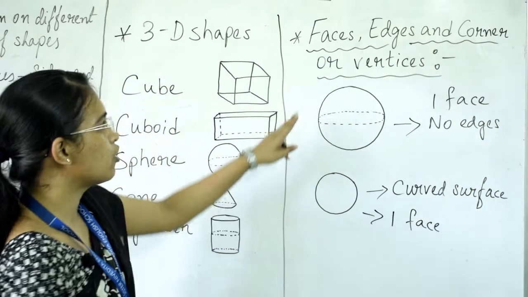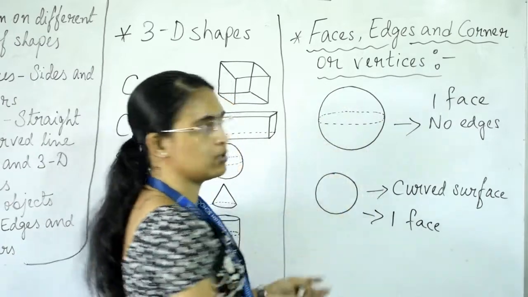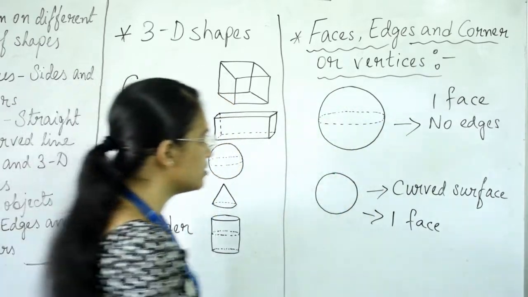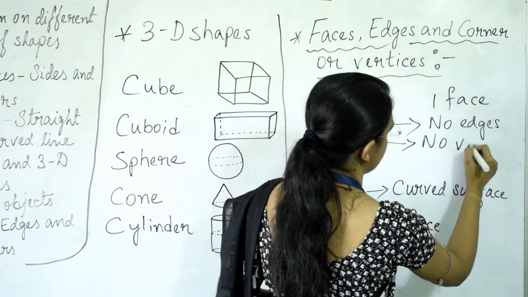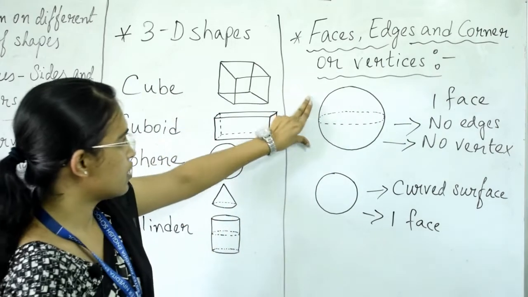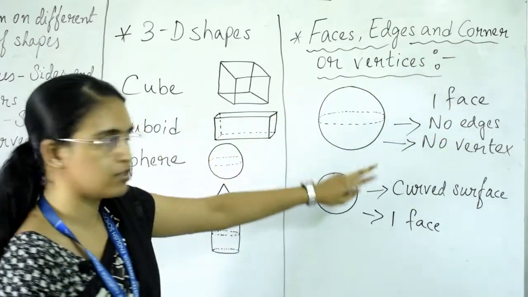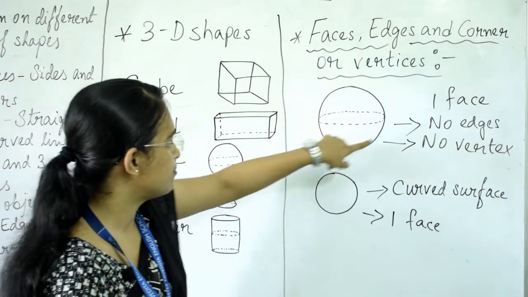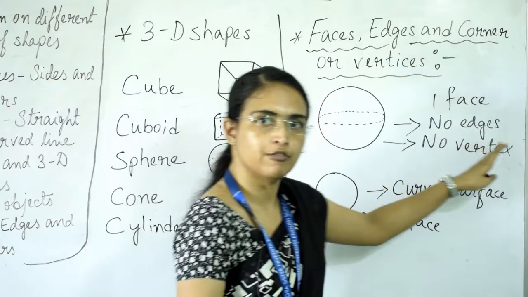And is there any corner or vertex? No. If there is no edge, there is no corner, that means no vertex. So a sphere has only one face, that is the curved surface, and no edges nor vertex.